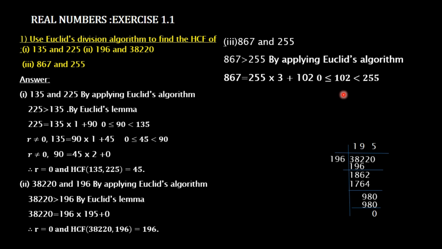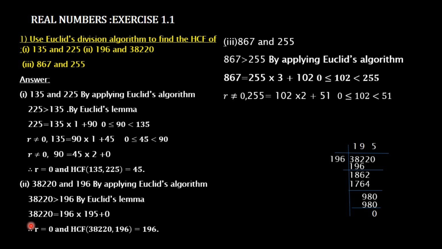0 less than or equal to 102 less than 255. So here we got our dividend as 255 and the divisor will become 102, since the remainder is not equal to 0. And 255 equals 102 into 2 plus 51.